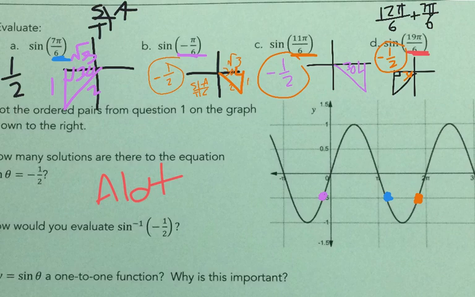That's true. But we couldn't flip this as it was. We had to do something first. Because if I were to flip this over the line, it would not be one-to-one. We had to restrict the domain.